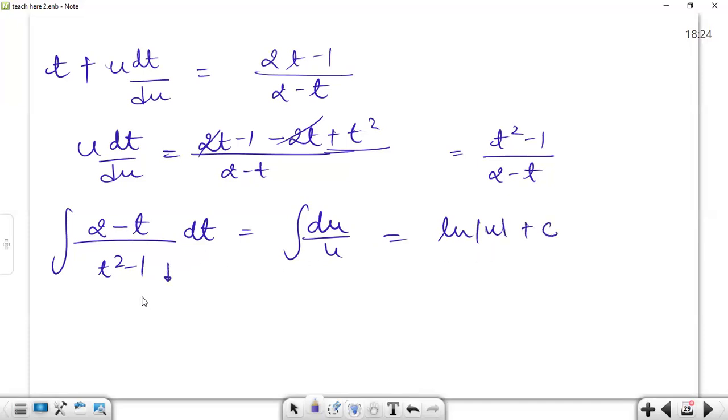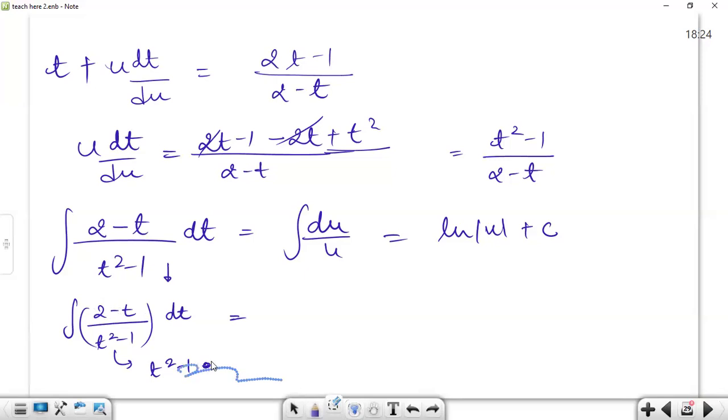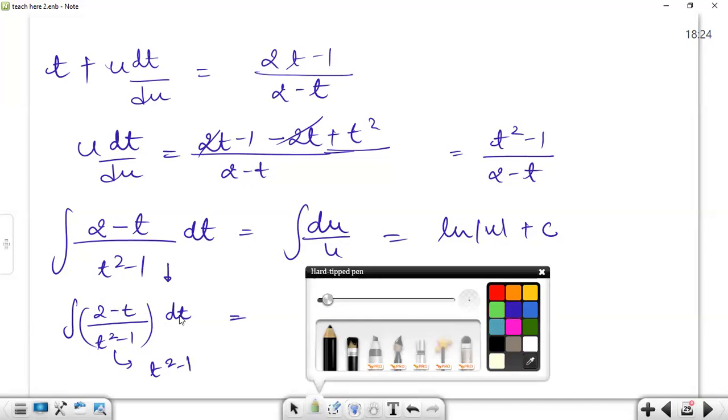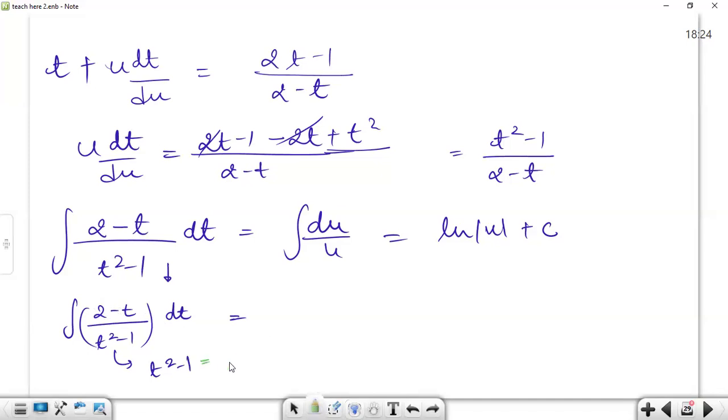Let's solve the left hand side separately: the integral of 2 minus t upon t square minus 1 into dt. As we know, t square minus 1 is the denominator and its derivative is 2t. So we have its derivative in the numerator. Let's assume t square minus 1 to be equal to some letter; we have already used many.